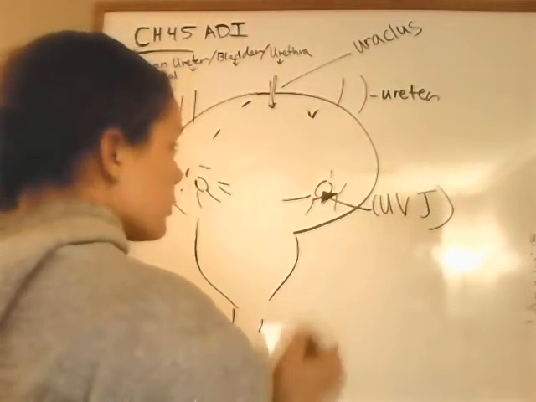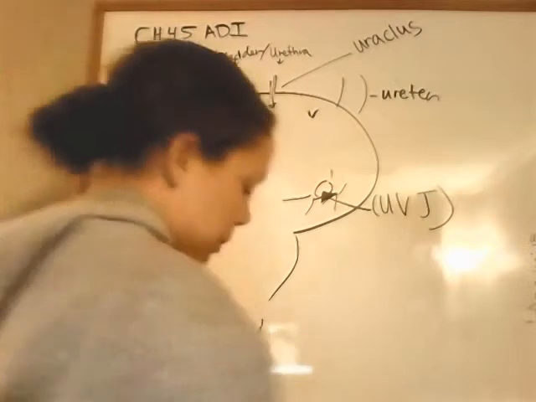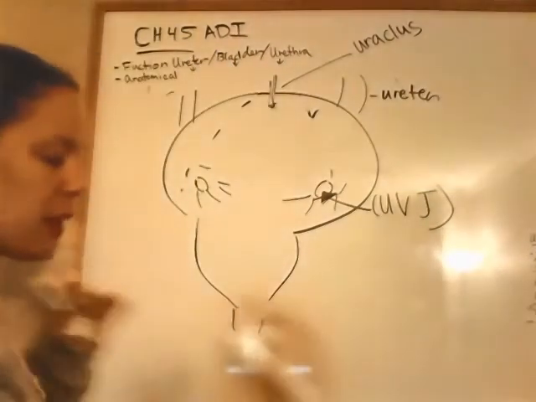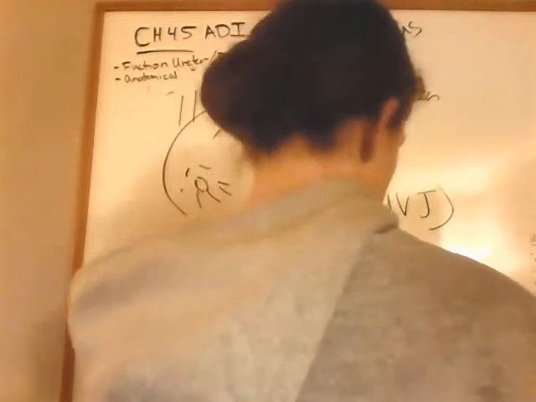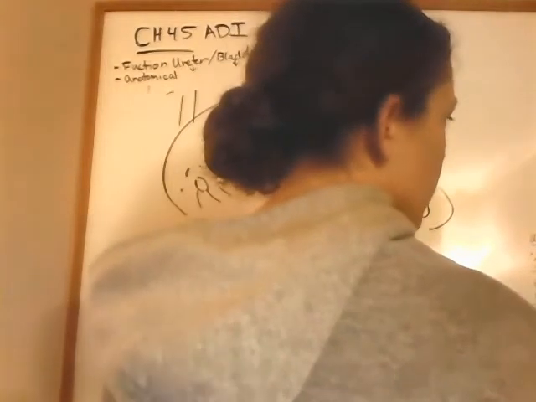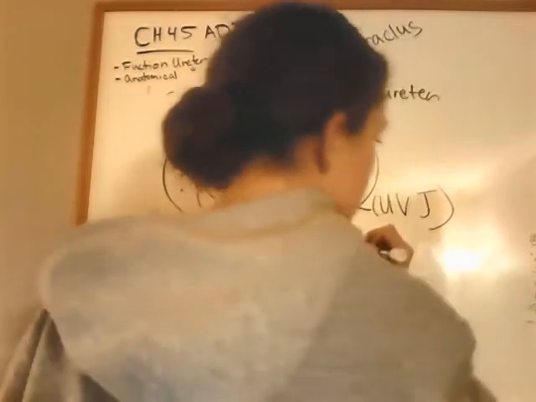Now, the bladder itself has special tissue, because you've got to keep in mind the muscles have to be able to expand very far and also be able to contract. These muscles have a special name.